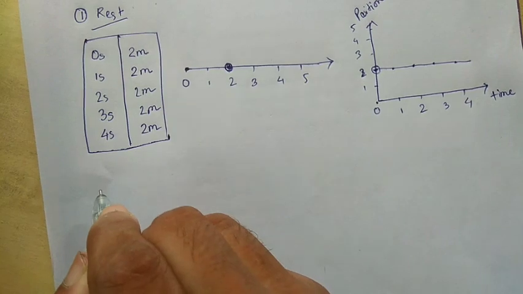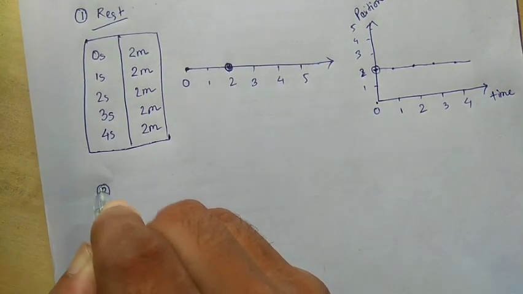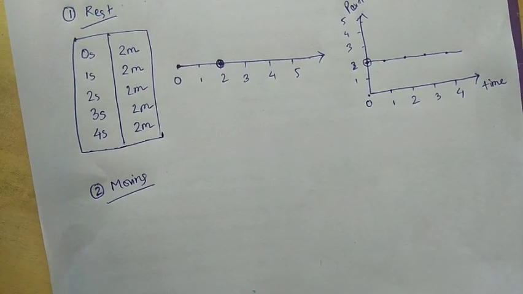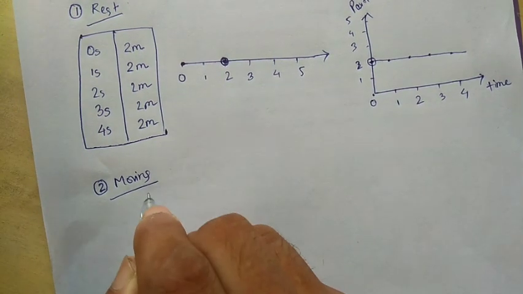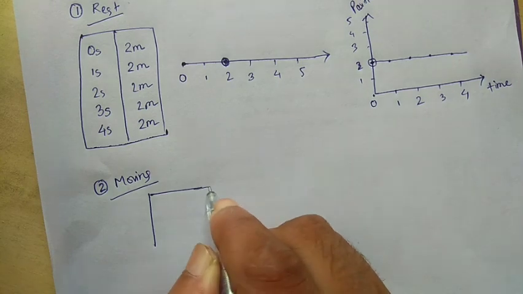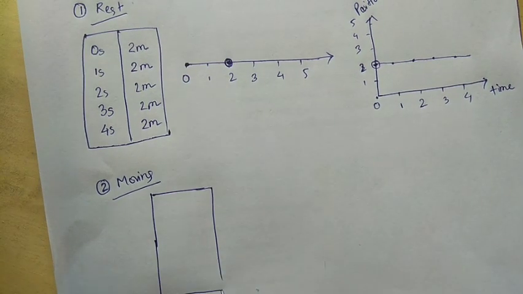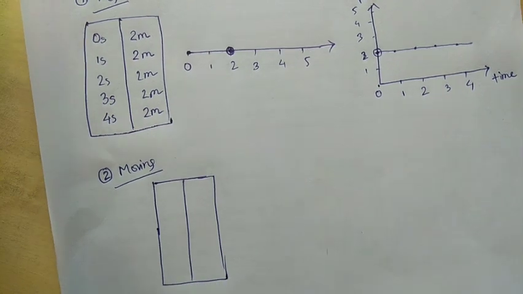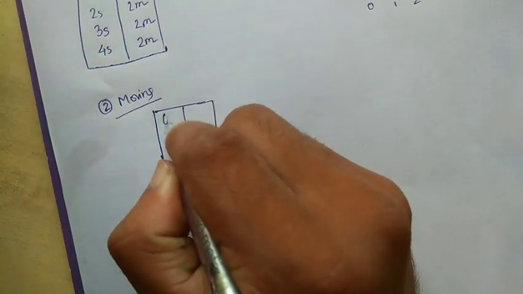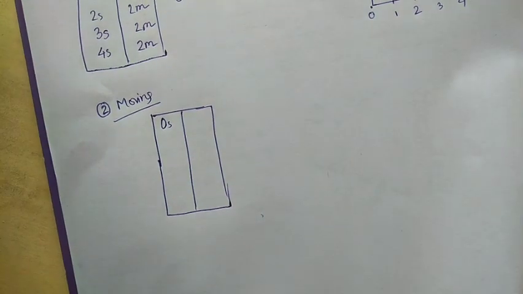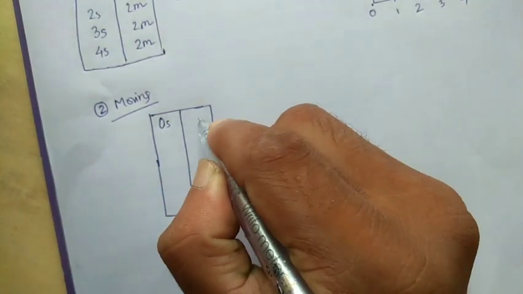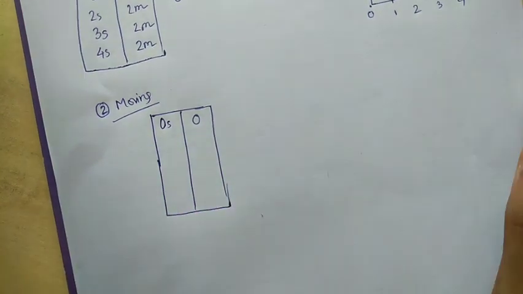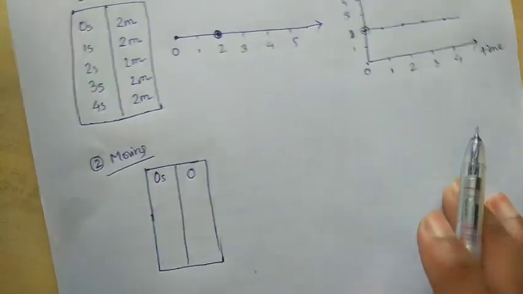Now let us consider the body is moving, right? For such a case, let us consider another table like the first case. Here in 0 second the body is at 0.